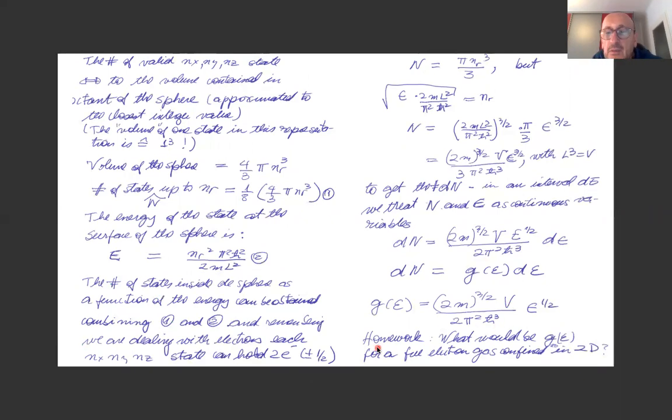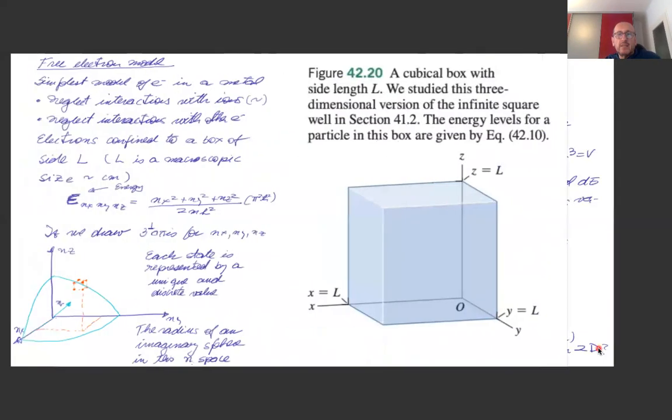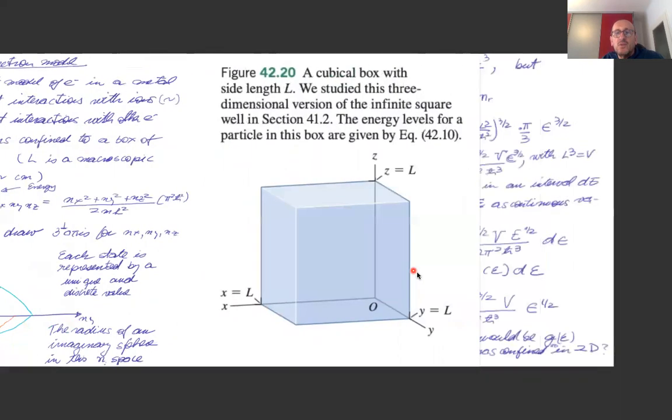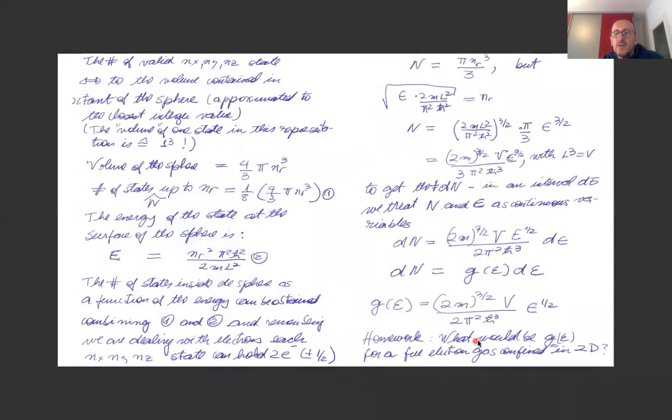I have a homework here. What would be G(E) for a free electron gas confined in 2 dimensions? What should be different in 2 dimensions? Well, you go back here. First of all, you don't have a sphere in 2 dimensions. You have an X and a Y. So essentially, you will have a circle. The third axis does not exist. Okay, so I want you to calculate this expression G(E) for a 2D system.